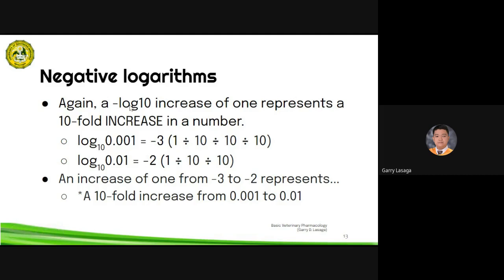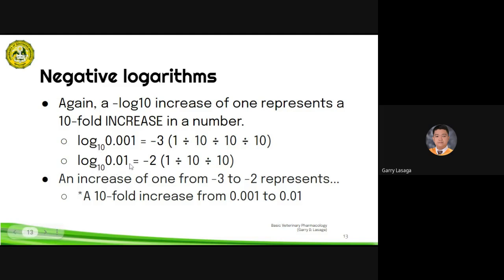So a negative log 10 increase of 1 will represent a tenfold increase in a number. So for example, the log base 10 of 0.001 is equal to negative 3, meaning that we need to divide 1 three times by the base of 10.